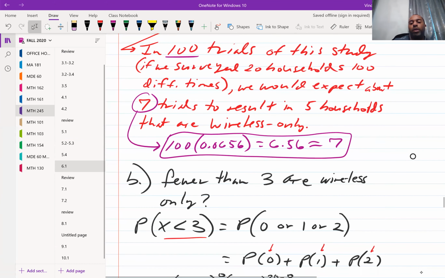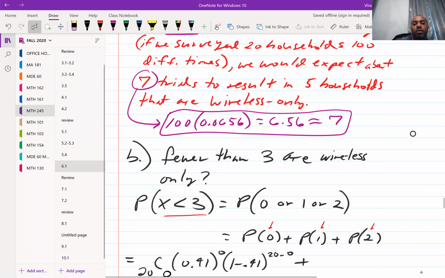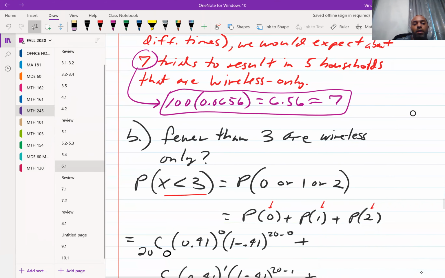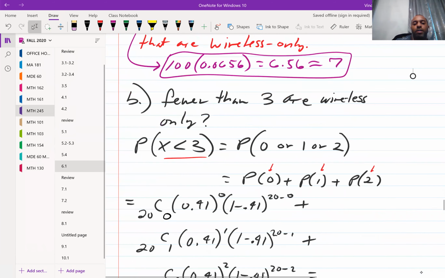So what we would do here is find the probability of getting 0, find the probability of getting 1, find the probability of getting exactly 2, and then add them together. Anybody still copying that? All right, I see no head shaking, so that's good.